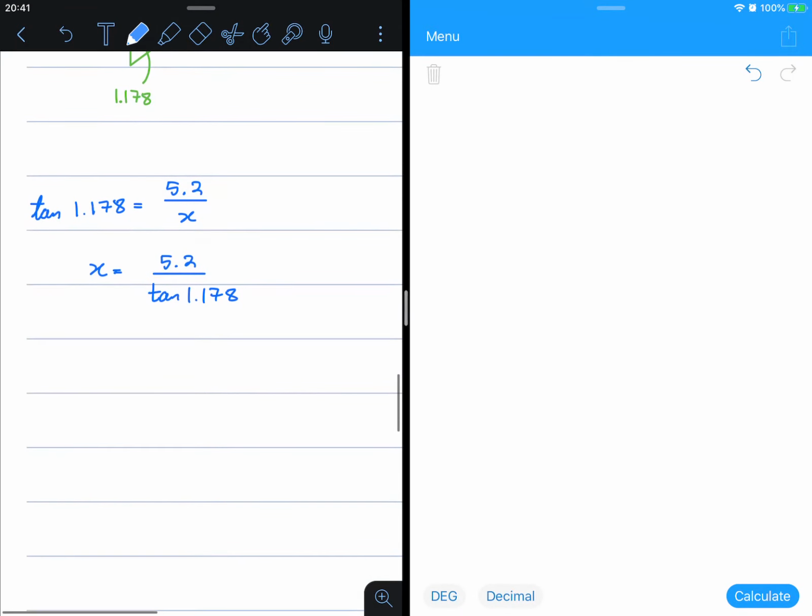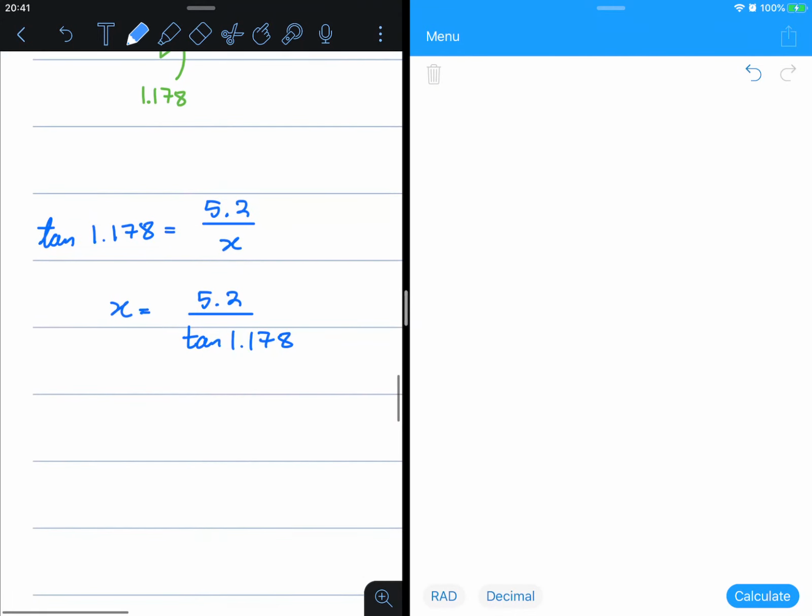When you type this into your calculator, it's the exact same thing, but make sure that your mode is in radians, as mine is here. Okay, so here we go: 5.2 over tan 1.178.